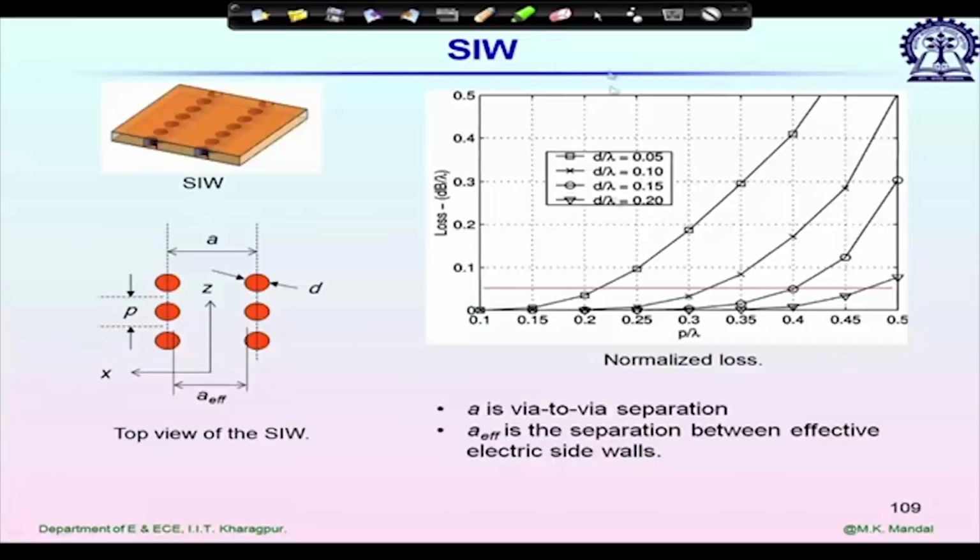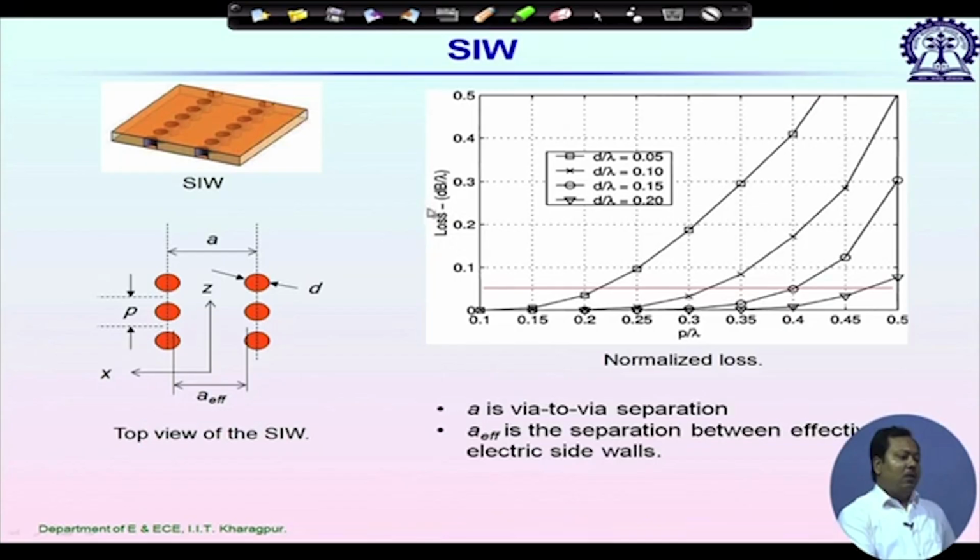So here we are plotting in this graph. We are doing a loss study. We are plotting the loss in dB per lambda, where lambda is the guided wavelength, versus different p values, p by lambda, where p is the periodicity, for different diameters of this periodic via.